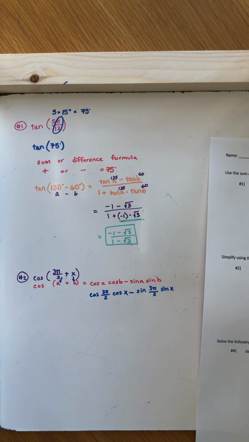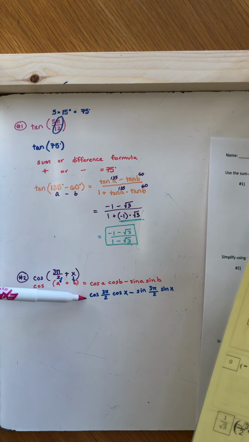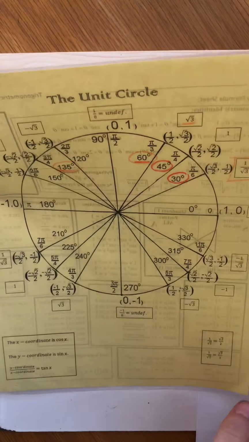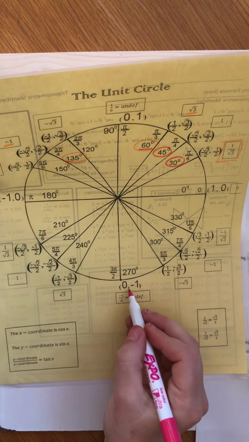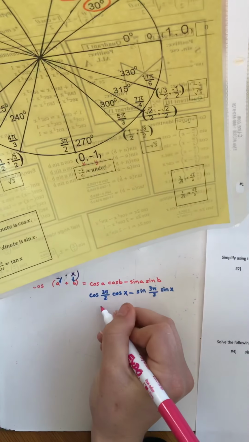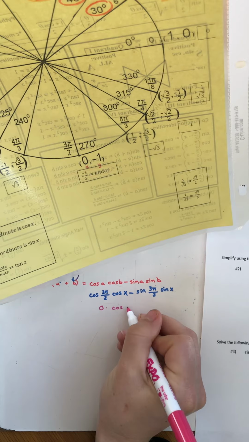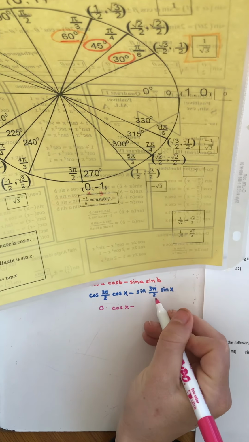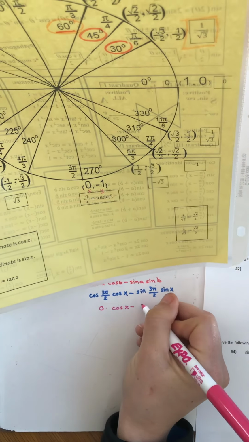So you just are going to leave those alone. You're only going to fill in what is the cosine of 3 pi over 2. So cosine is the x coordinate. So that's going to be 0. Sine of 3 pi over 2 is the y coordinate. That's -1.